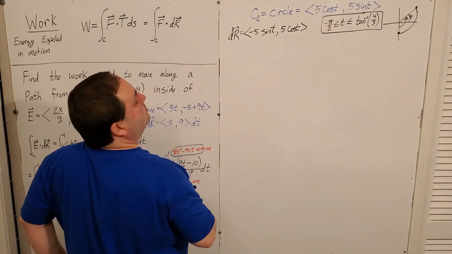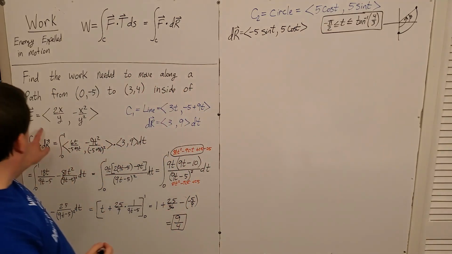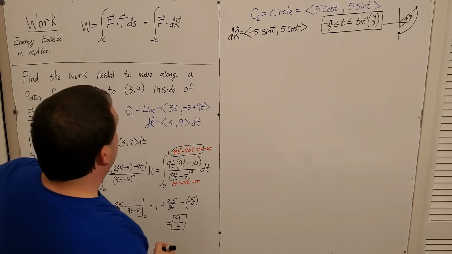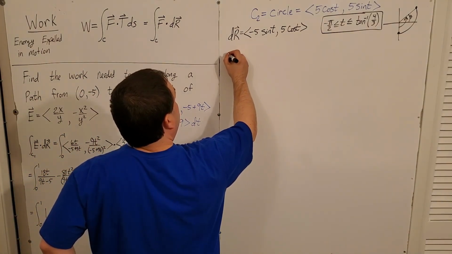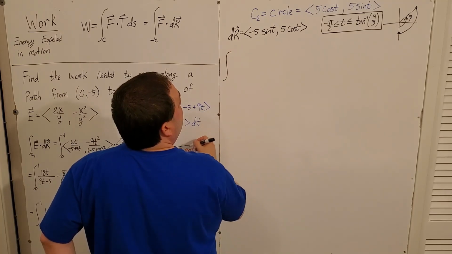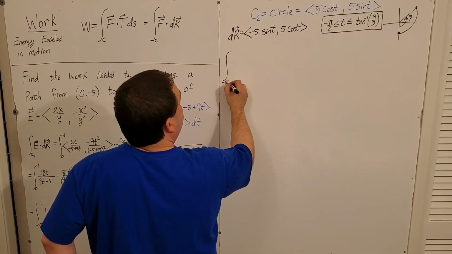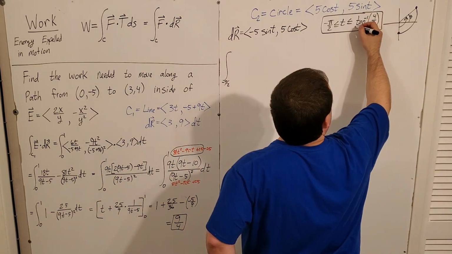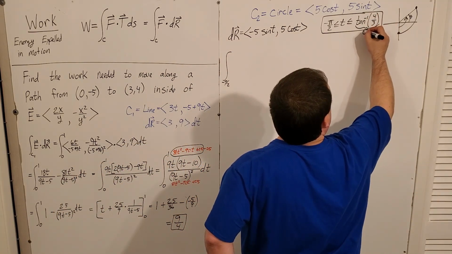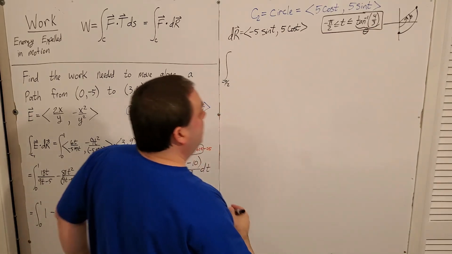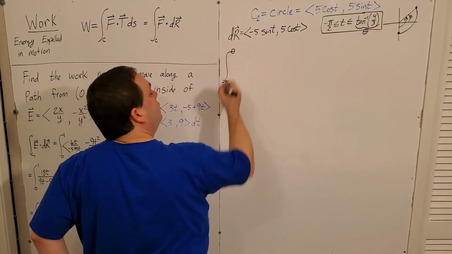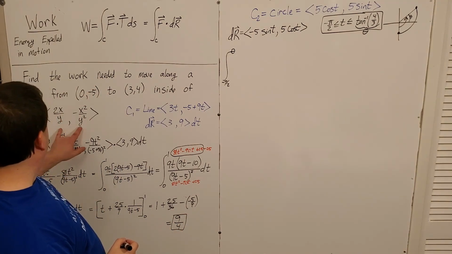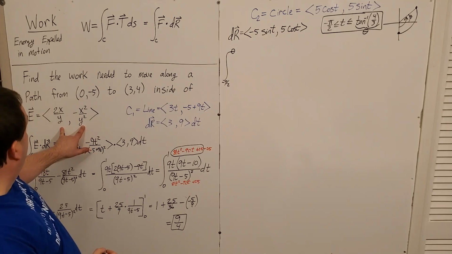That's my dr. And I'm going to be doing the integral of the E field dot dr. Okay, so integral from -pi over 2, and I'm going to call this thing a letter for now, right? This letter right here, I'm just going to call it theta, because we're not using it anywhere else, and I don't feel like writing arctangent a whole bunch. Okay, save some space. So then my E field is 2x over y.